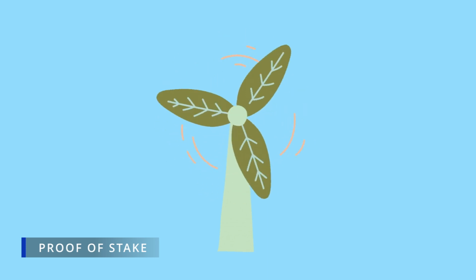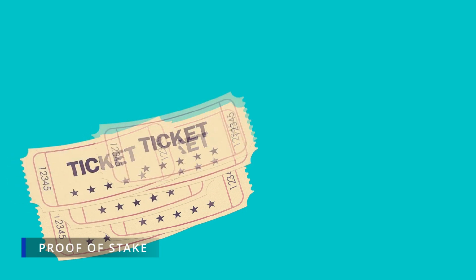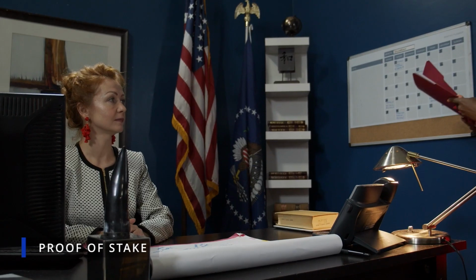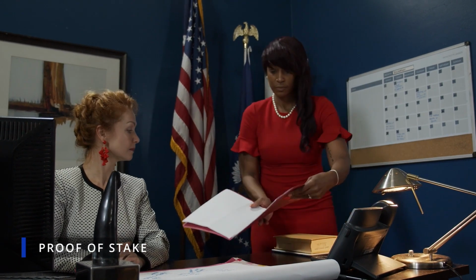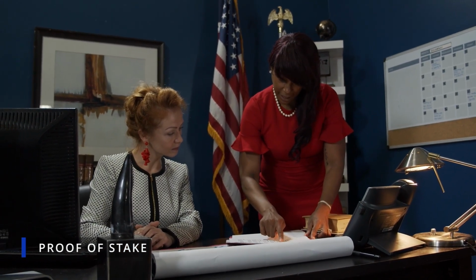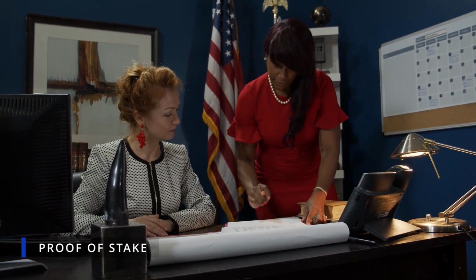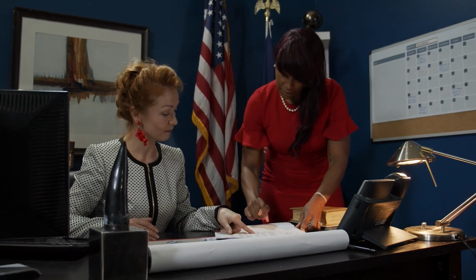That's why it's considered more energy efficient. It's like a digital lottery: the more tickets you have, the more chances you have of winning. This way, instead of using computational power, it uses the miner's economic stake in the cryptocurrency as a means to secure the network. And it also ensures that the miner has a vested interest in the success of the blockchain.